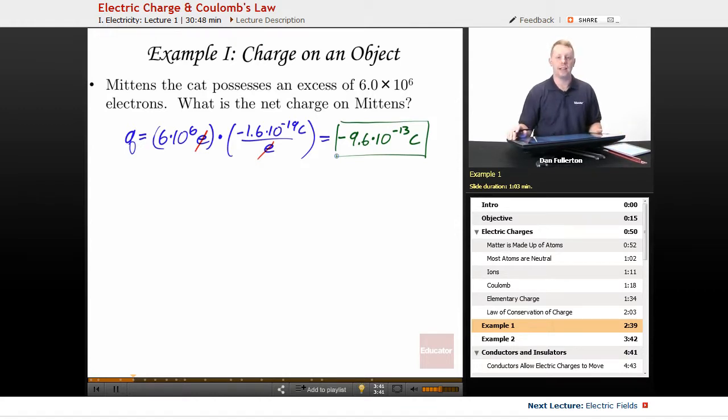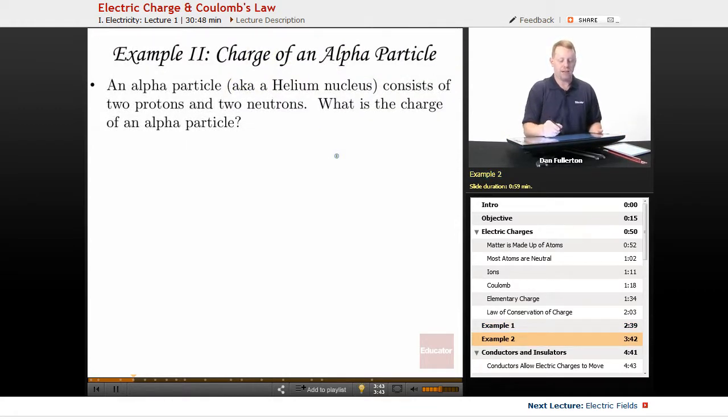Let's find the charge on an alpha particle. An alpha particle, also known as a helium nucleus, consists of 2 protons and 2 neutrons. What is the charge of an alpha particle? Well, the first thing we have to recognize here is that the neutrons are neutral. They have no charge. They don't contribute any charge to the answer to our question. Instead, we need to focus on these 2 protons.